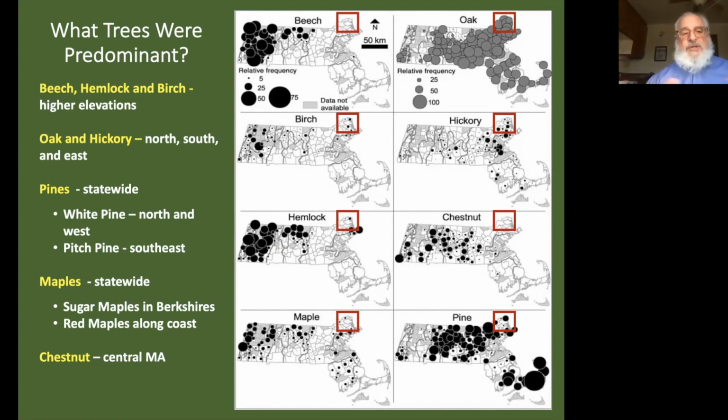Maybe there's some birches and beeches around, or hemlocks, but not very many. But if you look at the pines and the oaks, we can say, at least from these data, that oak and pine were common here. Chestnut, not so much. Chestnut seemed to be in the middle of the state. Maples, you would think, well, we probably should have a lot of maples. And probably we had red maples, but again, at least these data suggest that it was not as common as the oaks and the hickories and the pines.